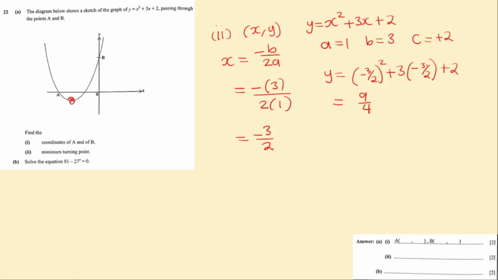So positive 3 multiplied by this negative value will give me a negative 9 over 2 plus 2 over 1. I am making it an improper fraction so that we can evaluate this. 4 is a common denominator.